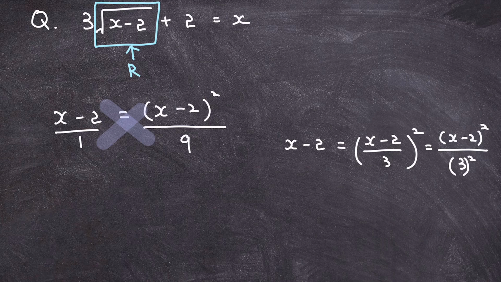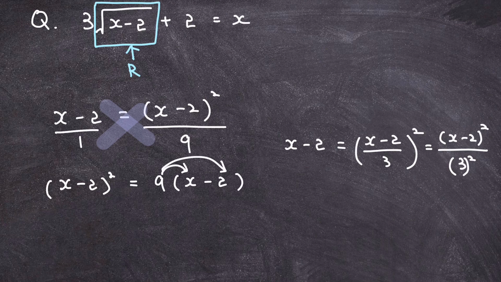So if I do that, I get x minus 2 squared is equal to 9 times x minus 2. And if I distribute 9, I get 9x minus 18 is equal to x minus 2 squared.